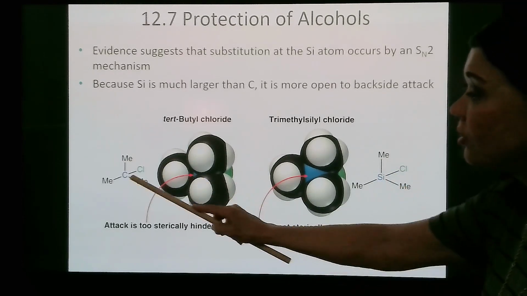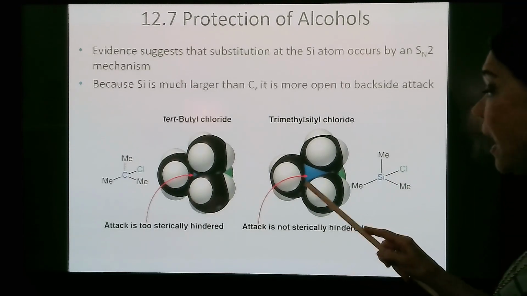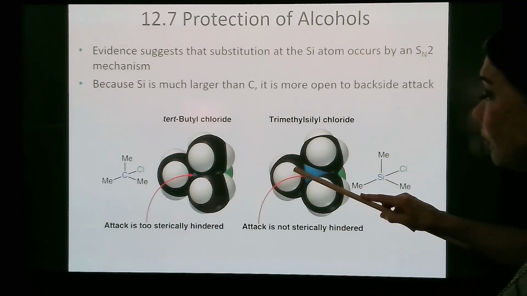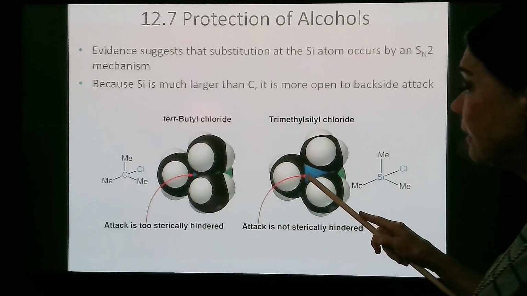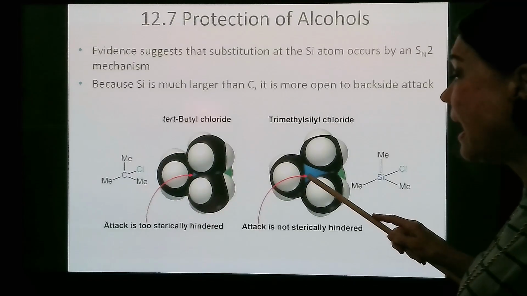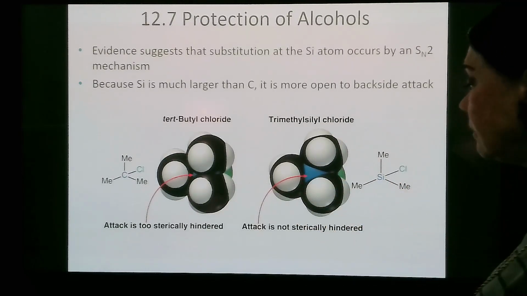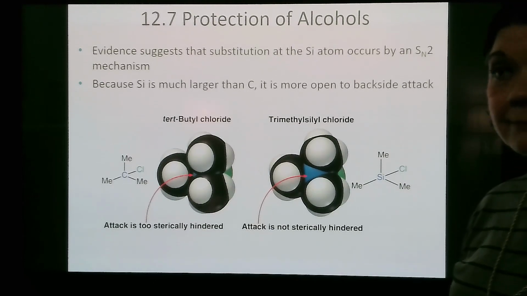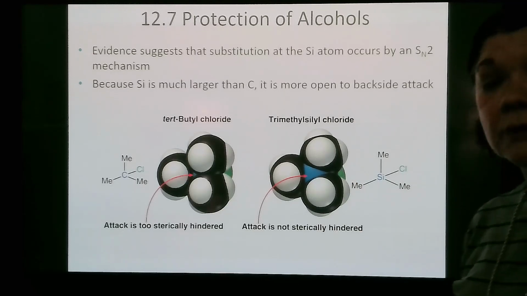This molecule is the same as that, except that's carbon, this is silicon. And so now, when this is silicon, silicon is much larger, and so the three methyls are more spread out. And so this is open so that you can have a backside attack, an SN2 reaction on trimethylsilyl chloride, whatever, a trimethylsilyl group is possible.